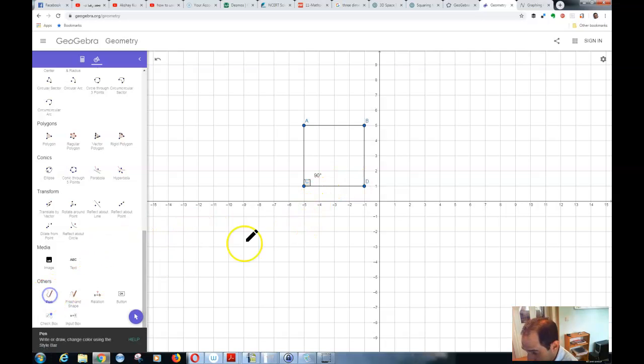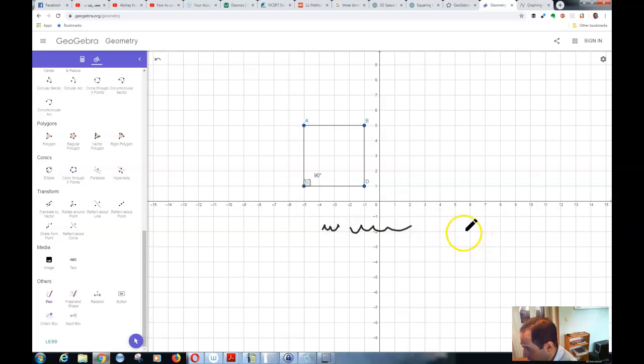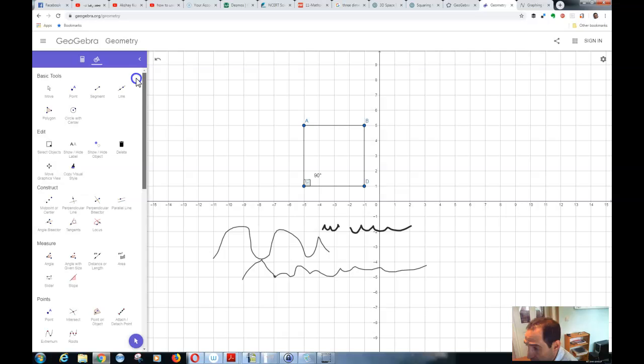For example, if you go to the pen, you can write something here, and then you can create a shape over here. I don't know how anybody could use this kind of thing, but it might come in handy someday for you or for anybody. So this is the geometry part.